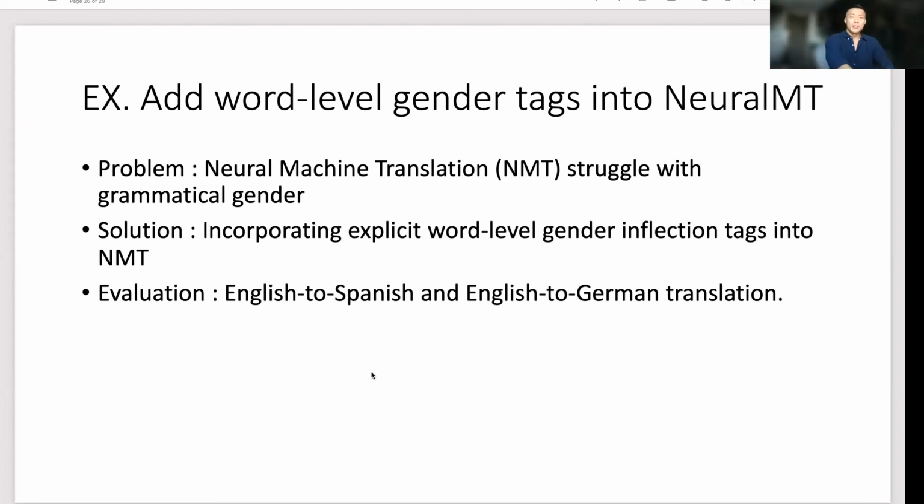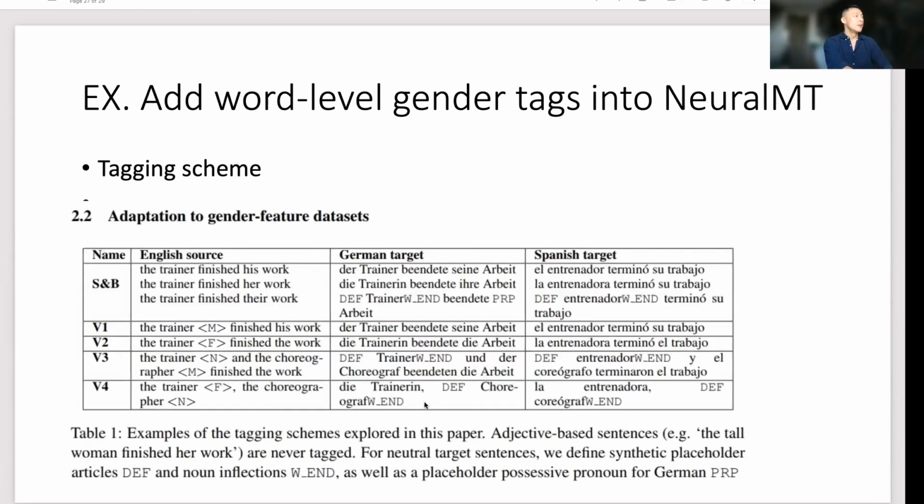So that's a problem of underrepresentation in the data. So to do that, you try to tag it as in like a non-word. You kind of tag it into the data so that it will learn the association. And we try that with English to Spanish and English to German translation to see what happens.